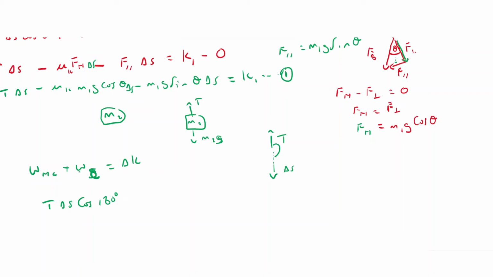Okay, and then this one, work done by conservative force, which is work done by gravity, is simply going to be M2g delta S, and both of them are going down, so it's just going to be cos of 0 degrees. By now, I'm hoping you already know how I'm getting this.